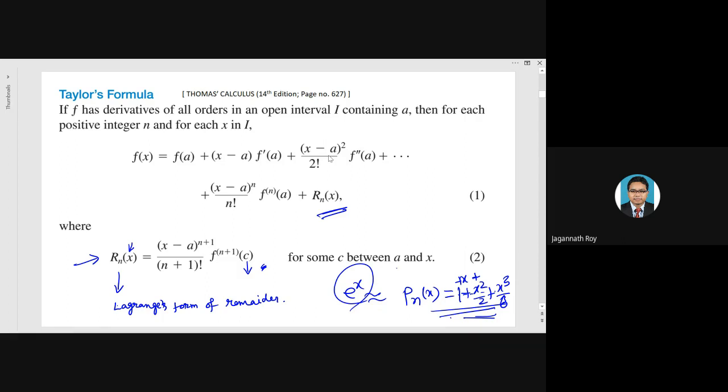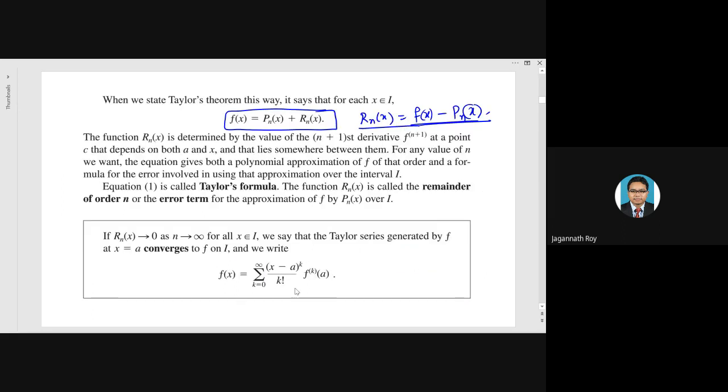It is just telling that c is in between the interval a to x. So unless you know the value of c, you cannot calculate the exact error. But there is a theorem called the error estimation theorem, which tells how much error there can be in that particular case. That we can calculate. If we do not study the error calculation, then there is no point in starting this Taylor's theorem.